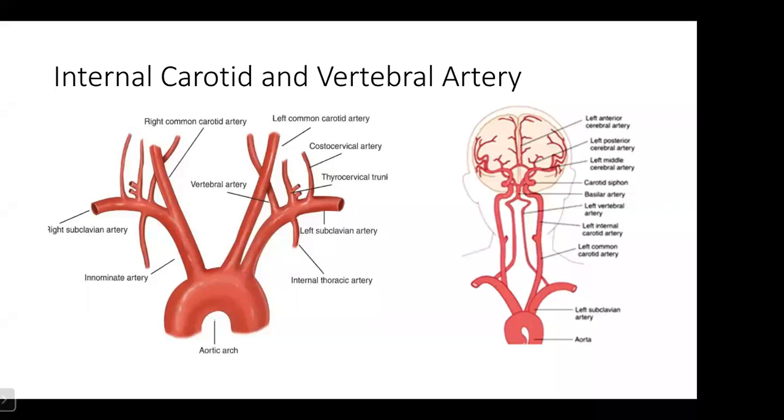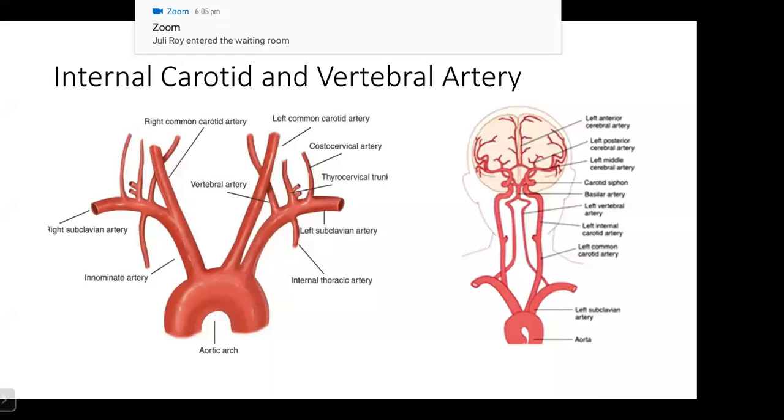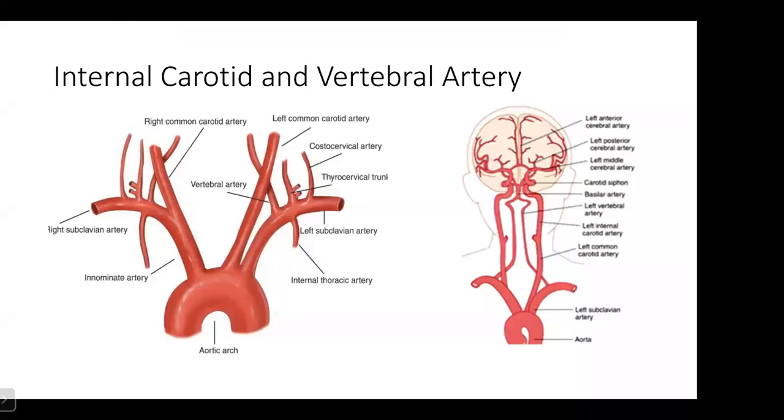Second, the posterior communicating artery, which acts as a connecting vessel in the circle of Willis. Third, anterior choroidal artery, which supplies structures in the brain important for motor control and vision. Fourth, the anterior cerebral artery, which supplies part of the cerebrum. The internal carotid artery then continues as middle cerebral artery, which supplies the lateral portion of the cerebrum.